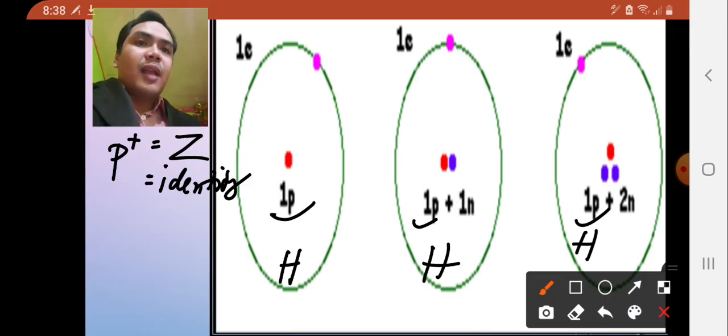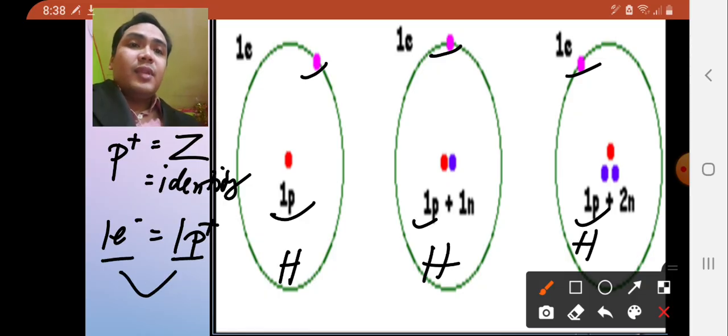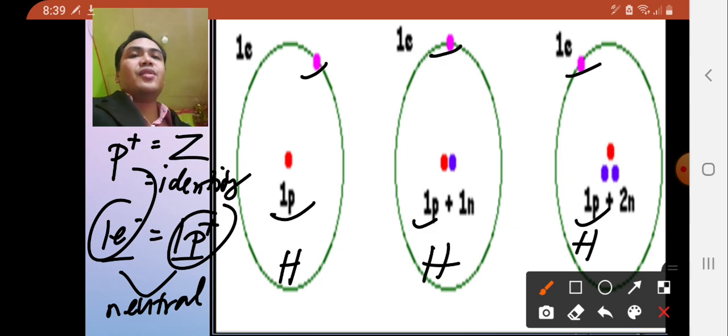And in addition to that, each hydrogen atom consists of one electron. Since one electron is equal to one proton, it means that these atoms are electrically neutral, since the number of protons and the number of electrons are exactly the same. Okay, so this is the topic that we've discussed already in our previous discussion.